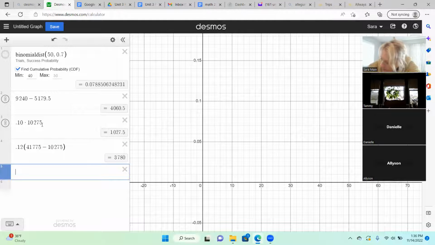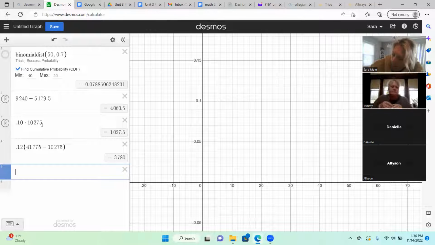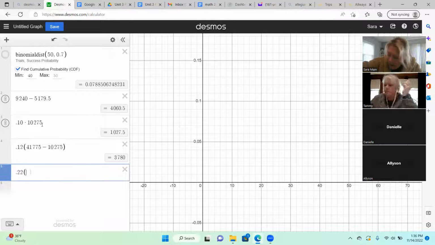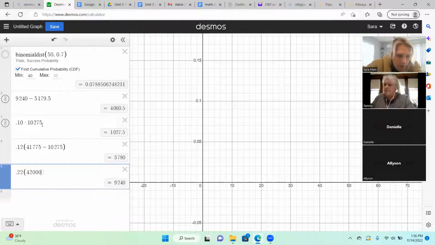And that's 3,780. And then she's going to pay 0.22 times her 42,000 minus the top of the previous 41,775 to find the itty bitty part. So the bit that fell in there, she's going to pay $49.50 on that.